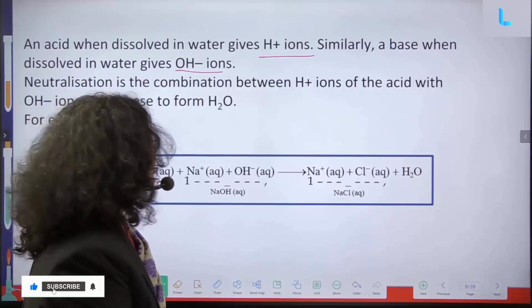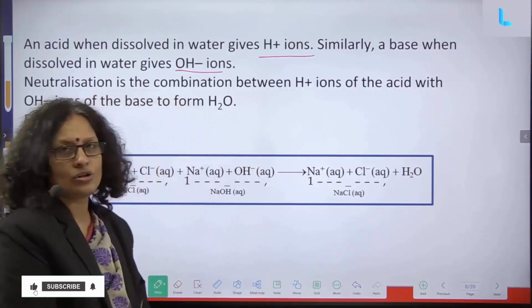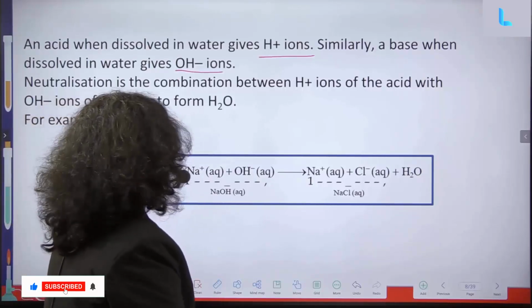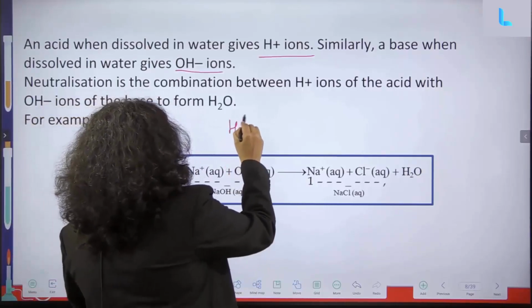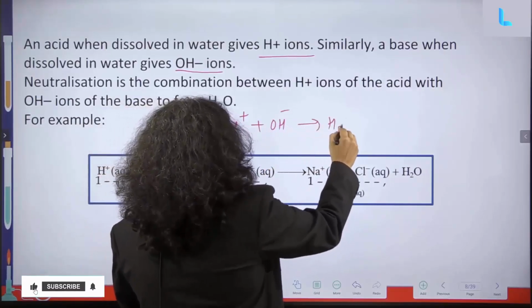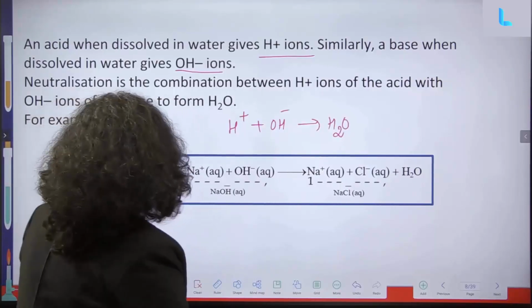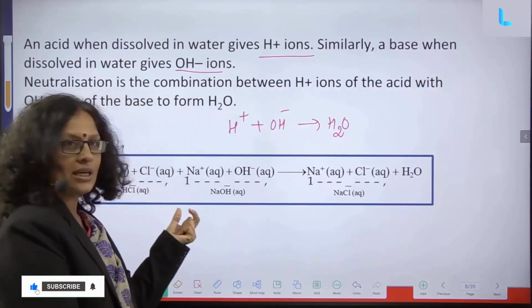Neutralization is the combination of the H+ ion of the acid and the OH- ion of the base to form water. When H+ ion and OH- ion combine, you get water. This is how neutralization takes place.